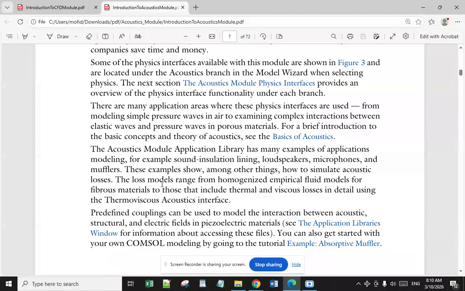These examples show, among other things, how to simulate acoustic losses. The loss models range from homogenized empirical fluid models for fibrous materials to those that include thermal and viscous losses in detail using the Thermoviscous Acoustics interface.